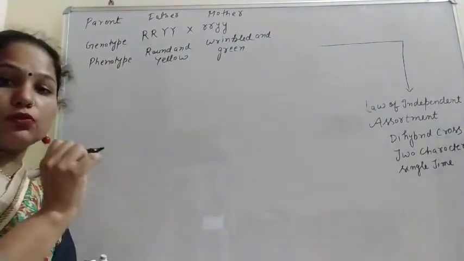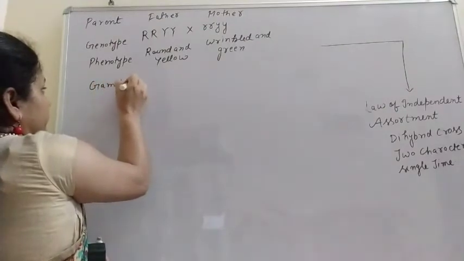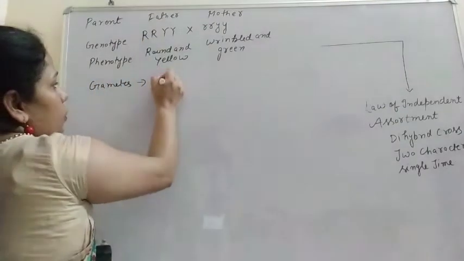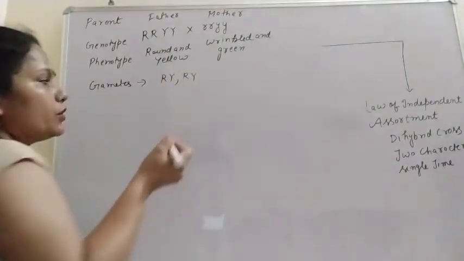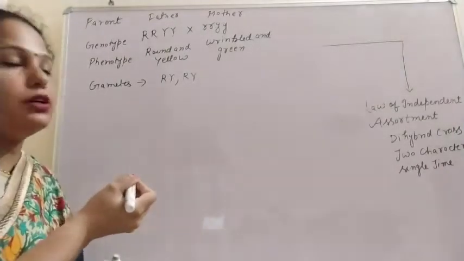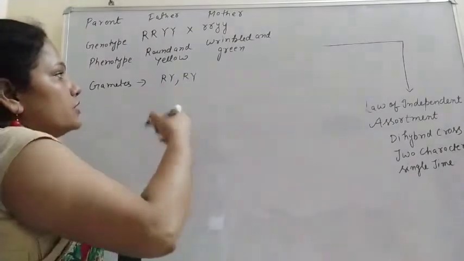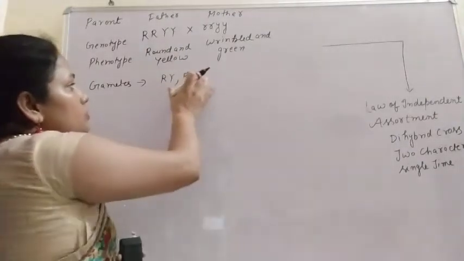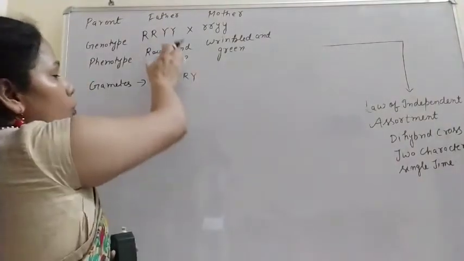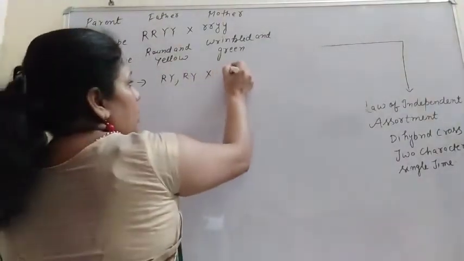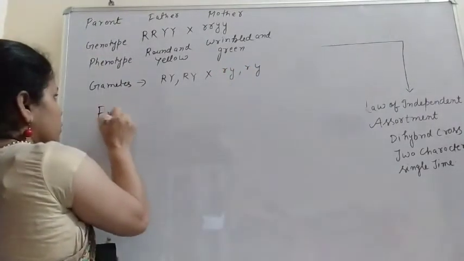Now firstly we have to make the gametes. So here you will write the gametes, and there are two combinations, capital R, capital Y, capital R, capital Y, because both the gametes are same. So there is no need to take more gametes here. So small r, small y, small r, small y. And what is there in F1 generation?